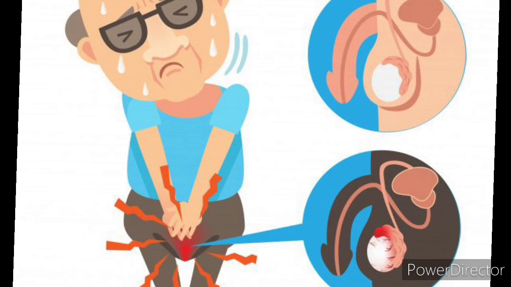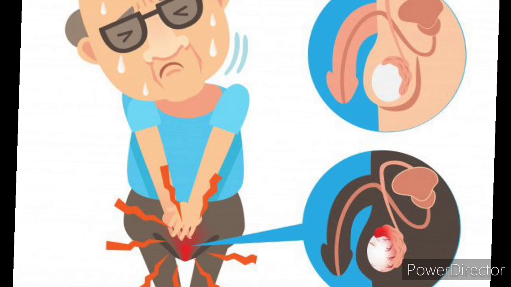Therefore, as a man, you will be failing to empty the bladder, but you are going to have frequent urination because you'll be feeling the urge to urinate, but the urine will not come out as much as it can. Okay, so that is what will happen.